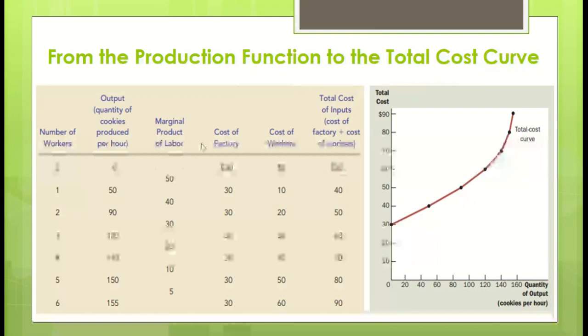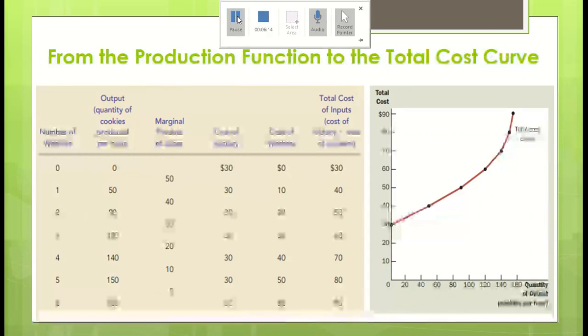Okay, now if the number of workers is 1, then the output produced is 50 units. We can say that 50 units of cookies are produced per hour, and the marginal product of labor is 50 here. As we know, marginal product of labor is equal to delta Q over delta L. That means change in Q due to change in labor.